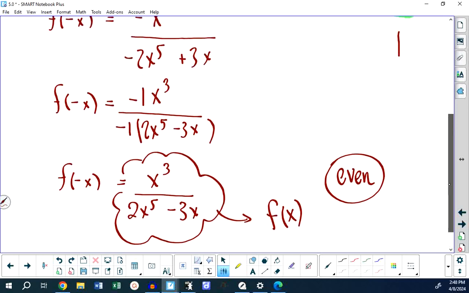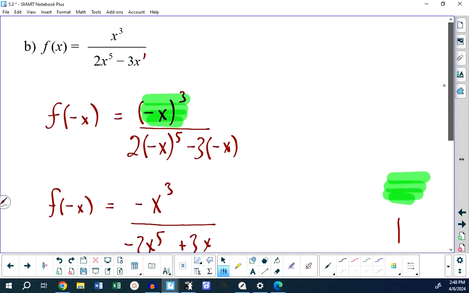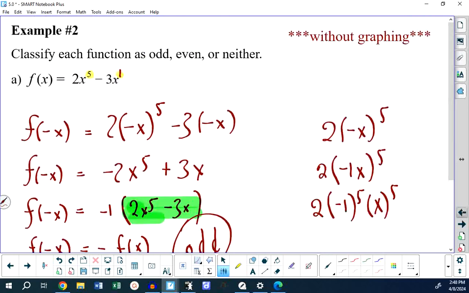I will tell you this, that at least in terms of rational functions like this one, or polynomial functions, in order for there to be a symmetry, the exponents have to be all odd or all even, or if it's rational, all odd or all even on the top and all odd or all even on the bottom.